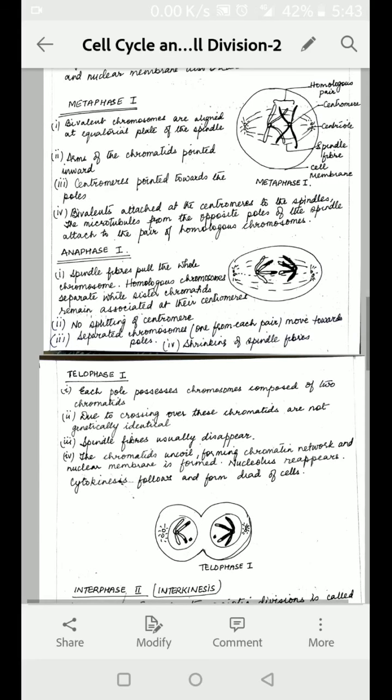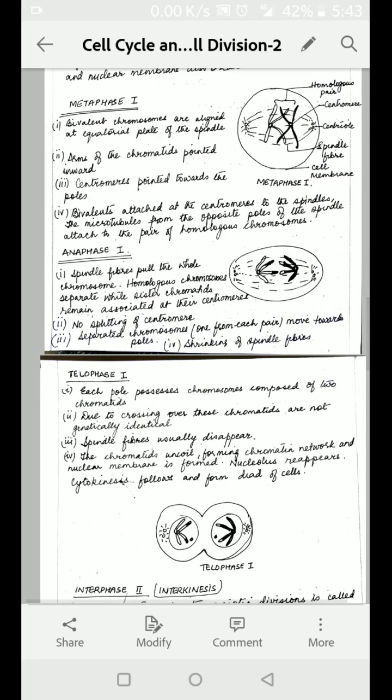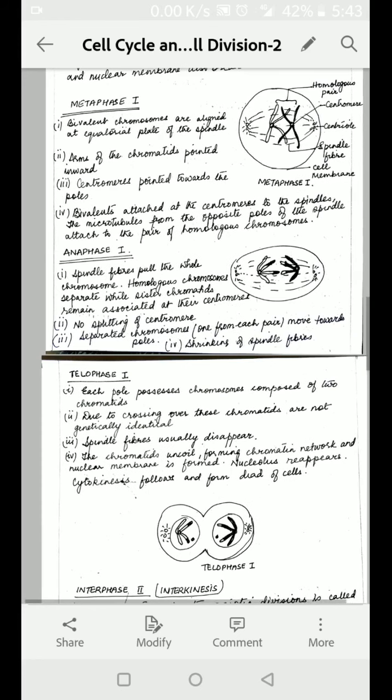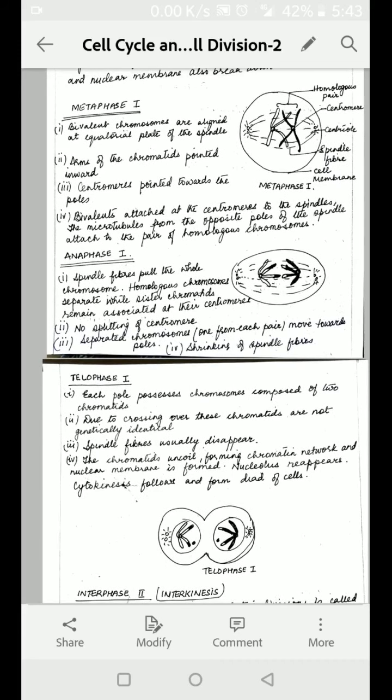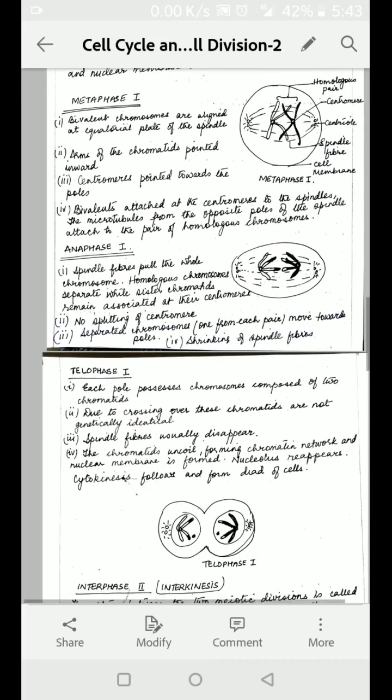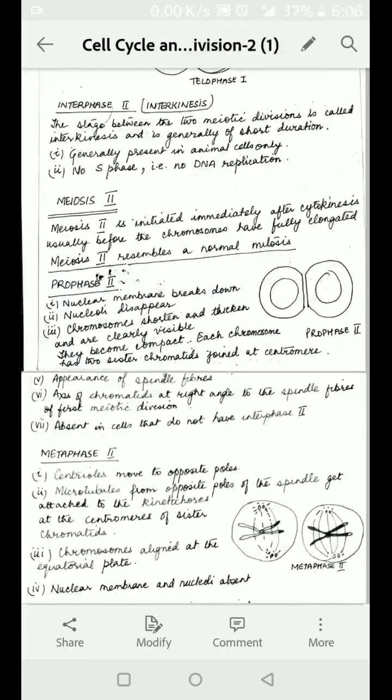This is the completion of meiosis 1, the first reductional division. After this, the cell will enter interphase 2, which is also called interkinesis.